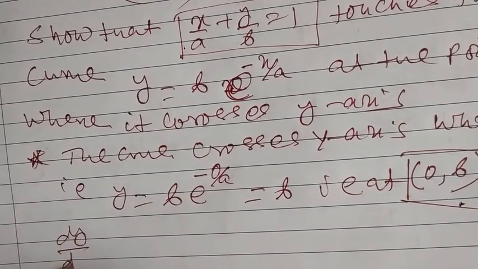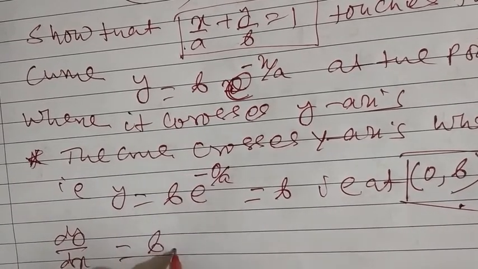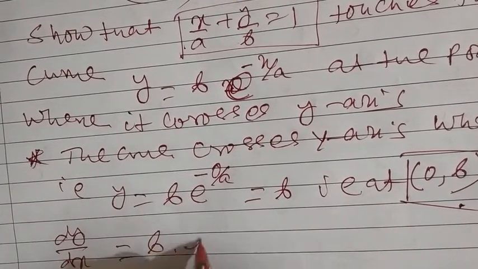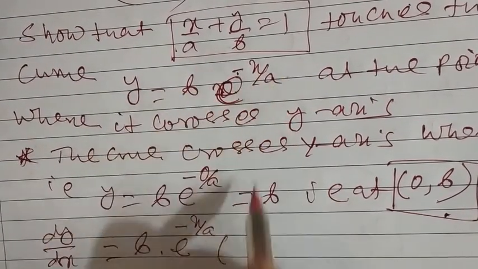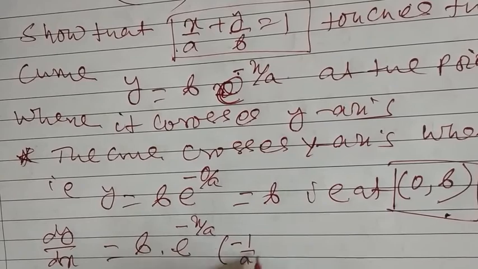dy by dx is b into e to the power something, derivative same, e to the power minus x by a into derivative of minus x by a, it is minus 1 by a.